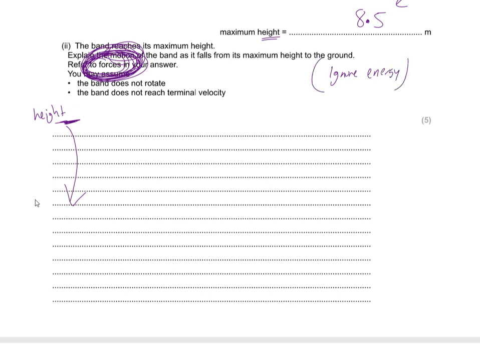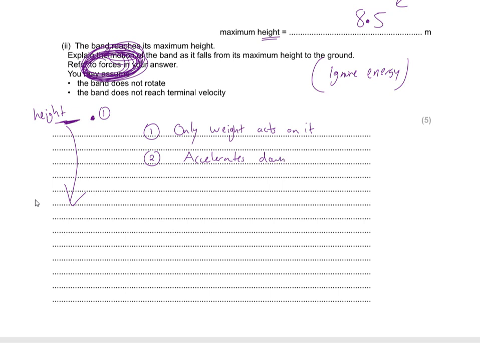Okay, let's start from the top. So when the band is at the top, here, number one, the only force that acts on it is weight. So since only weight is acting on it, it means number two is going to accelerate down.